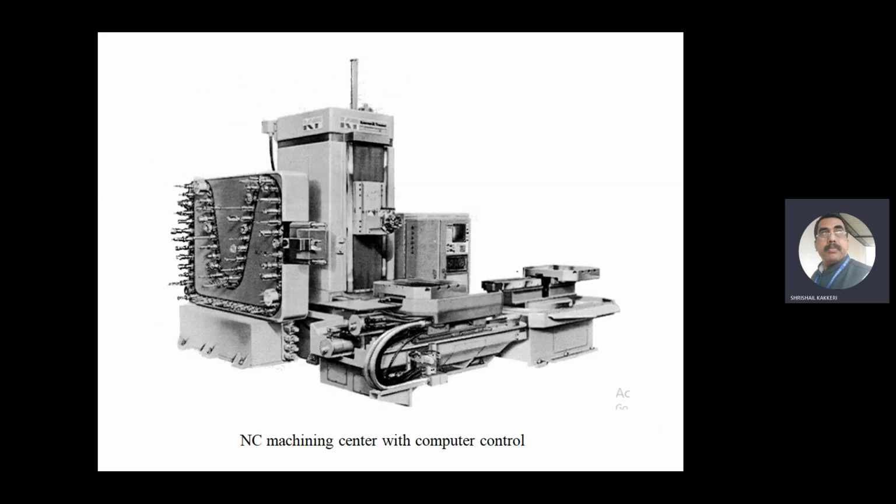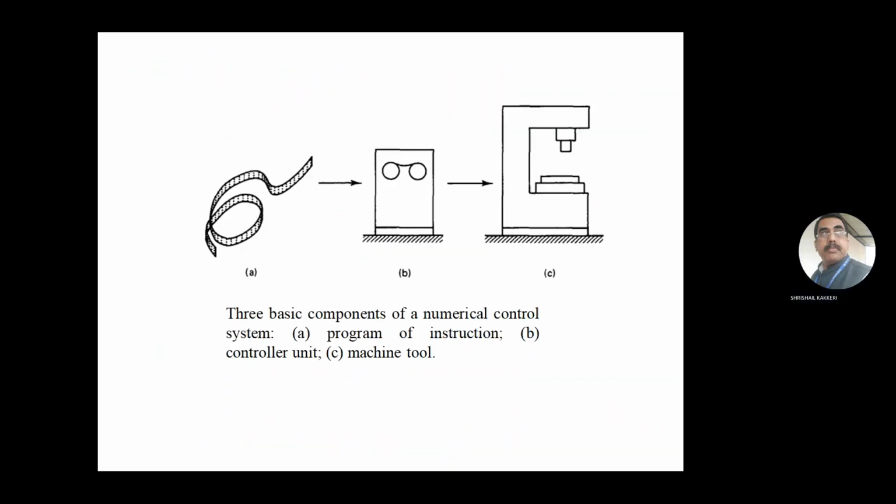CNC machine, very important three components: the instructions or block of information or tape reader. Okay, the tape reader, what is this block? The first one, program of instructions. Once you set these program of instructions, and you have seen the tape recorder, the cassette we play, and the magnetic tape will be there, and there will be a header, the tape reader.